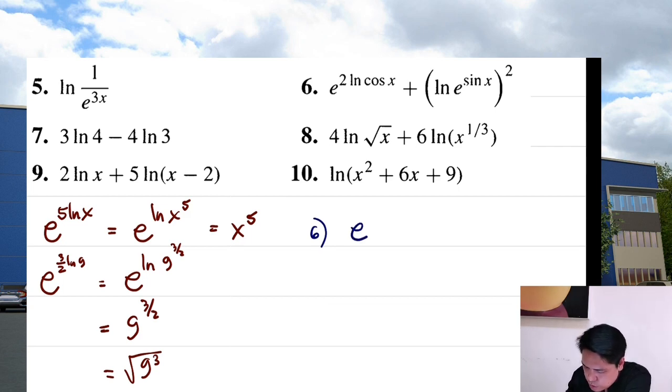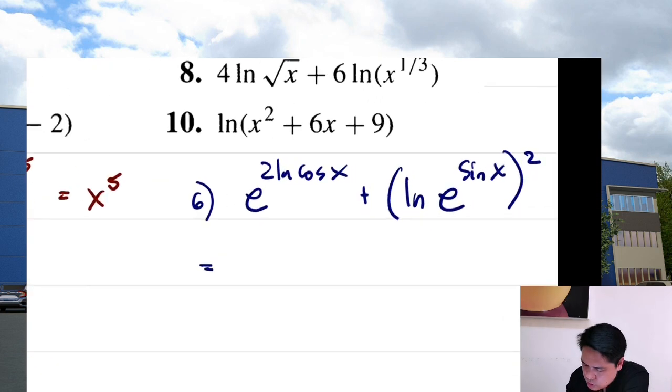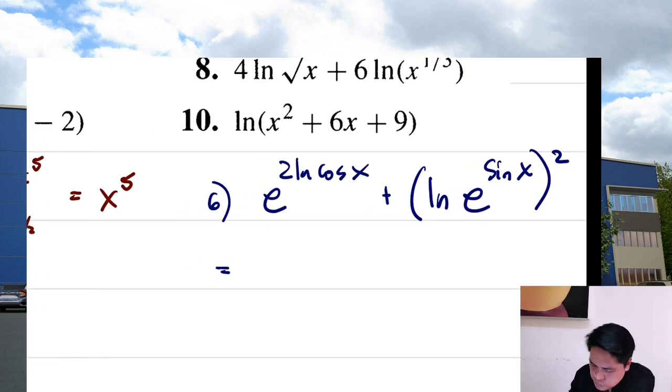So we have exponential 2 ln cosine x plus the quantity ln exponential sine x squared. So what happens here? I could rewrite this to exponential ln cosine squared x. Okay? Or, let's detail it considering that we're still beginners.